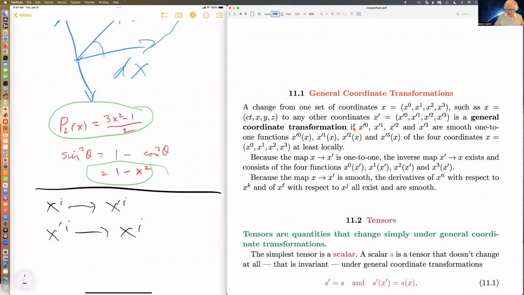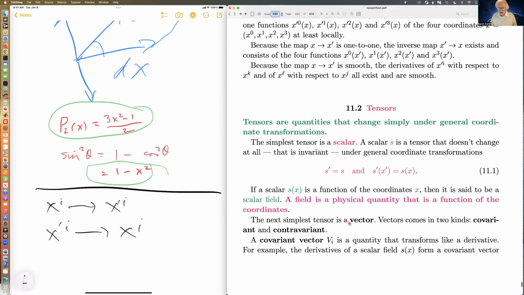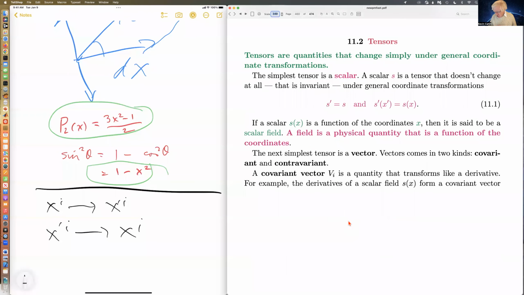It's a linear transformation of a special kind that preserves the metric of flat spacetime. Here we're talking about general coordinate transformations, and that's the remarkable thing that Einstein saw, namely that one could write the equations of physics in terms of tensors, which transform simply under general coordinate transformations.